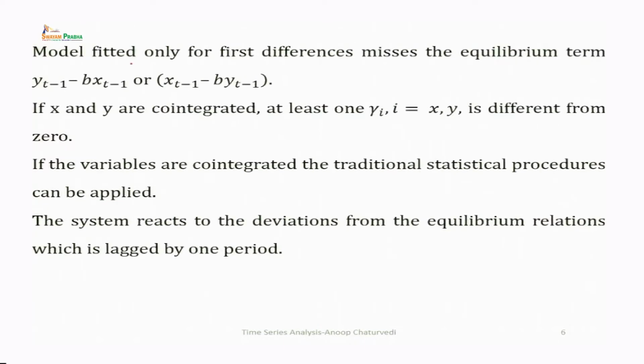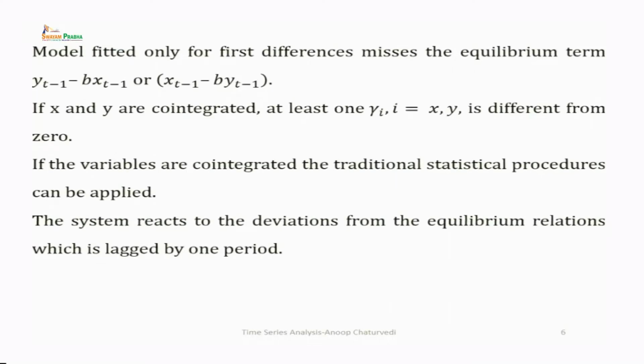Now, suppose you fit the model only for the first differences, then you are going to miss this equilibrium term y t minus 1 minus b x t minus 1, or x t minus 1 minus b y t minus 1. You remember that in the last lecture, we considered simulated data on x t and y t. Both the processes had a common stochastic trend.